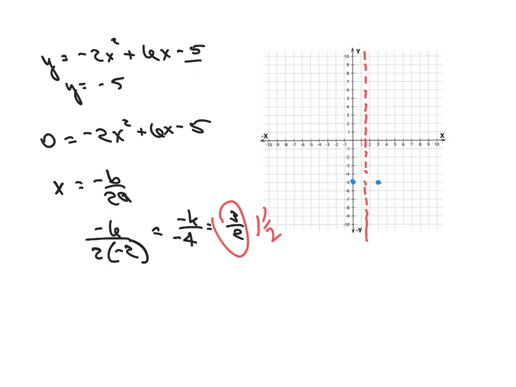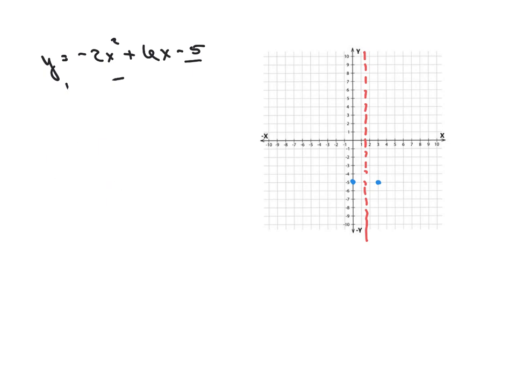So let's get rid of a bunch of stuff here. I know my x value was 3/2. So I'm going to rewrite this as y equals negative 2 times 3/2 squared plus 6 times 3/2 minus 5. Fun.